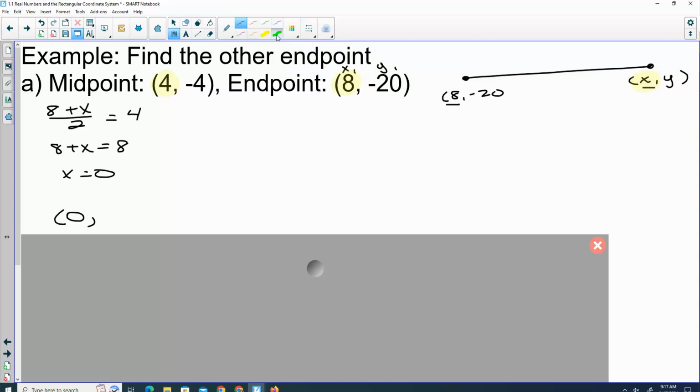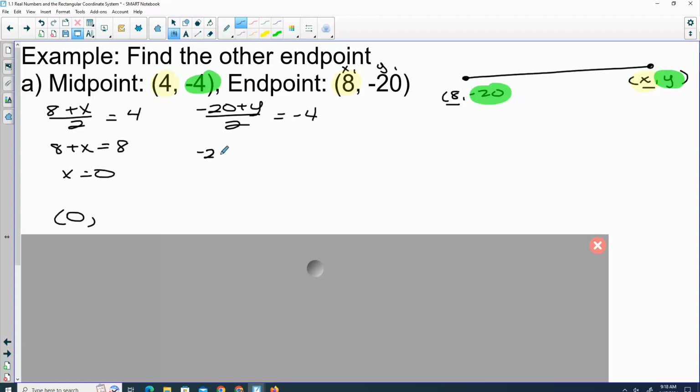Then we do the same idea with our y's. So to find the midpoint of the y's, you add up your two y's, and divide by 2. So my y's, negative 20 plus y, divided by 2, should equal the y value of the midpoint, which was negative 4.